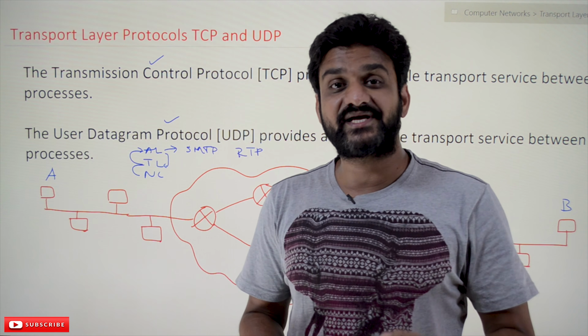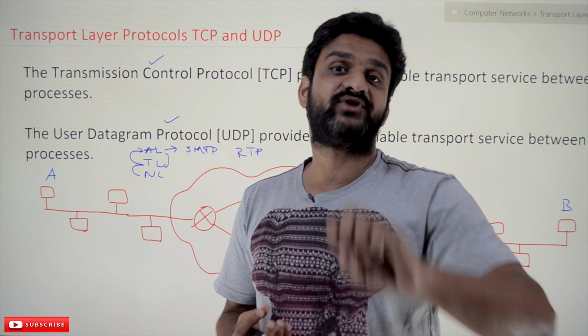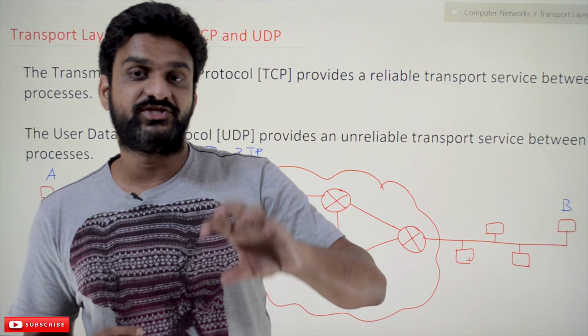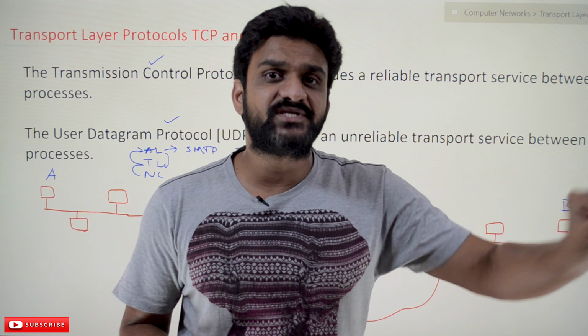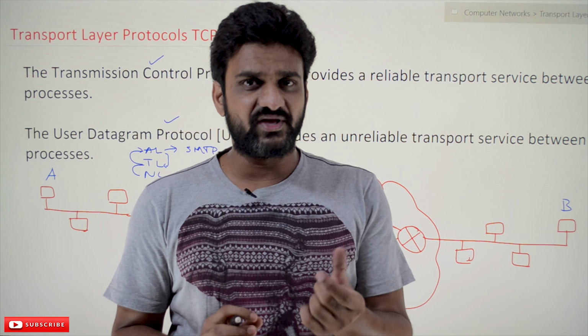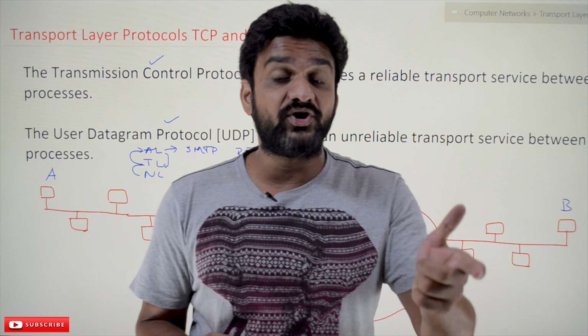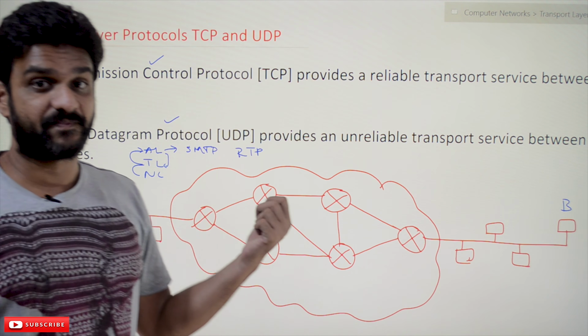So what kind of applications expect unreliable communication and faster delivery? For example, if you take YouTube, the videos that you are watching, if some of the packets are lost, you don't have any objection. We are not worried if some of the packets are lost. Such applications are going to use UDP.